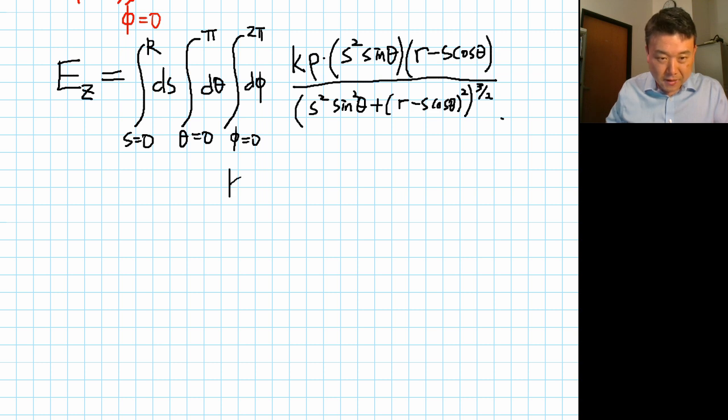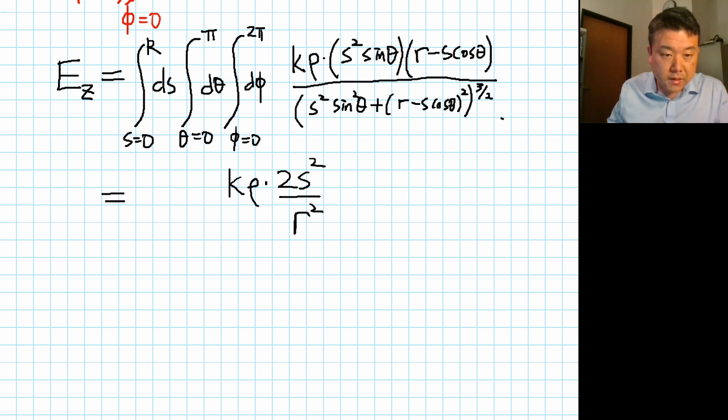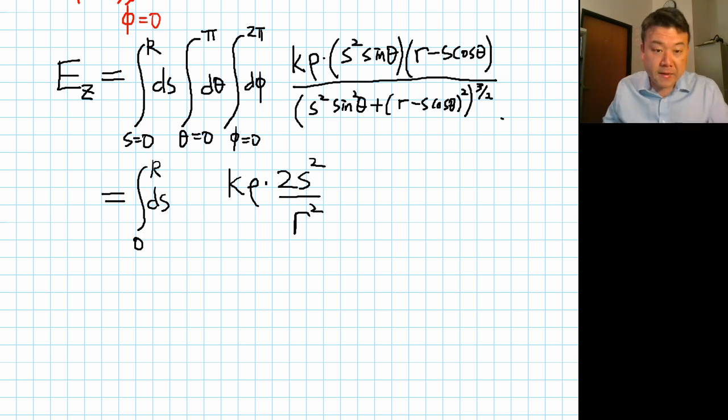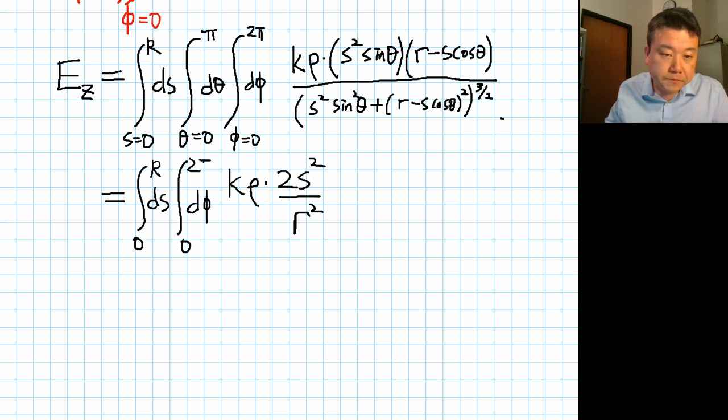So k rho times 2s squared over r squared. Let me write down the rest of the remaining integrals. So I still have the ds integral going from 0 to r. I still have the phi integral going from 0 to 2 pi.